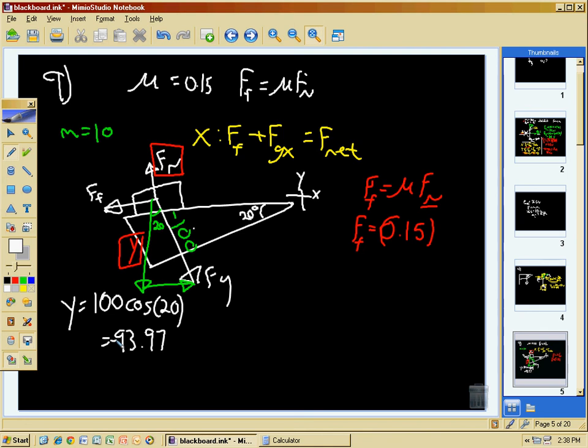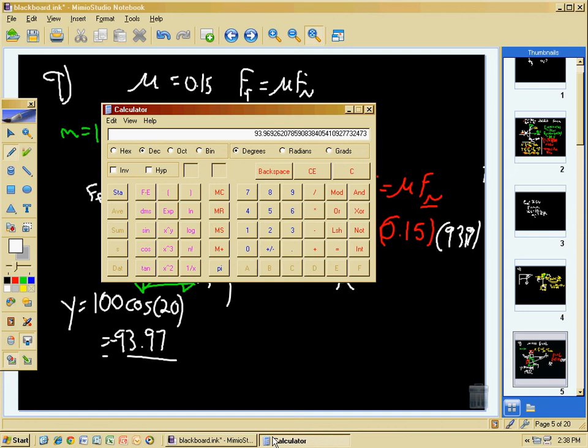So what that tells us is, because we're not leaping up off the ramp, our y component of gravity must be equal to the normal force. So the frictional force, I already started it, so we'll just finish it up over here. The normal force is going to be 93.97. Sorry, it's messy, but you get the idea.